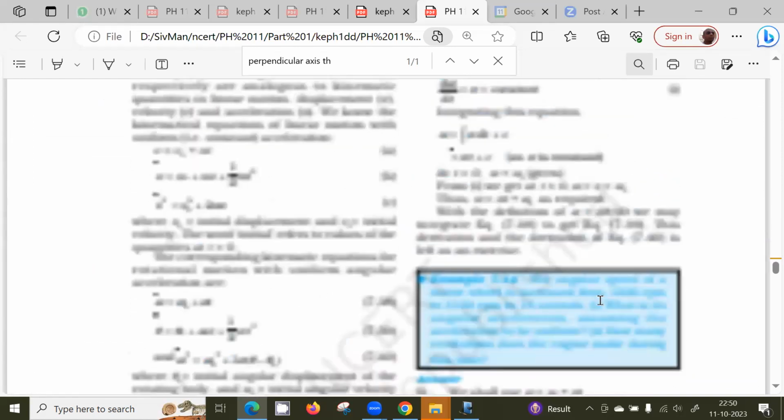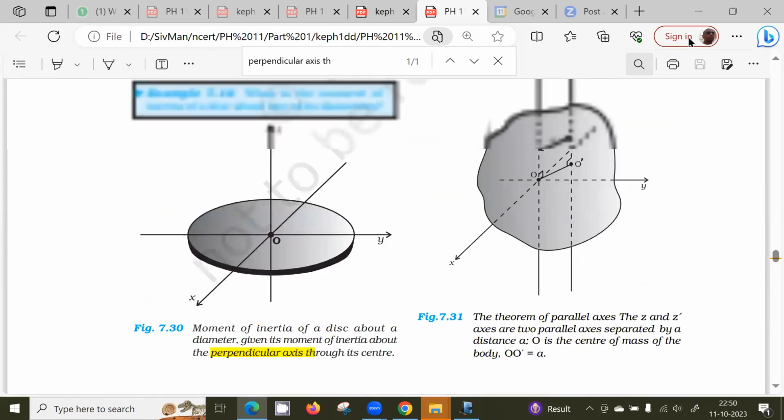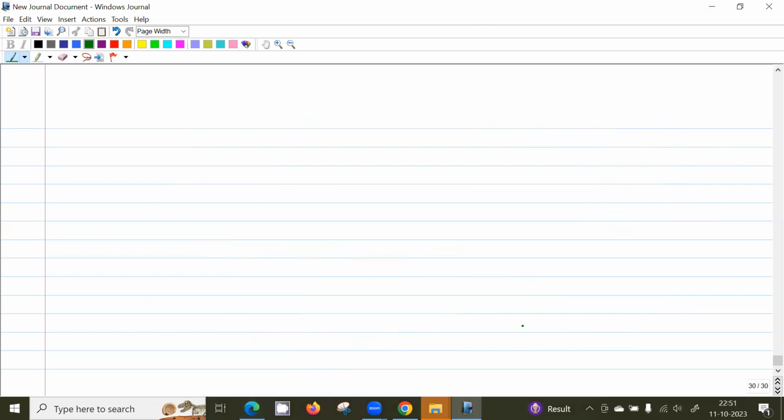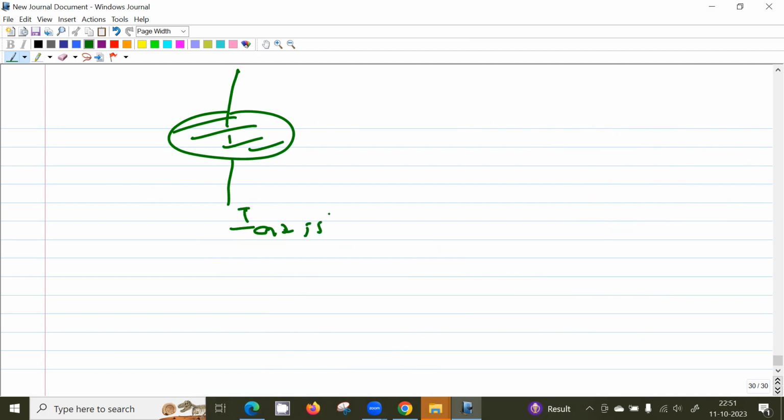Okay. So similarly, for a solid disk, which is not a ring, the moment of inertia about the vertical axis is half mr square.